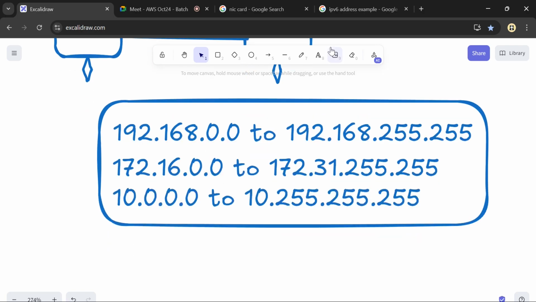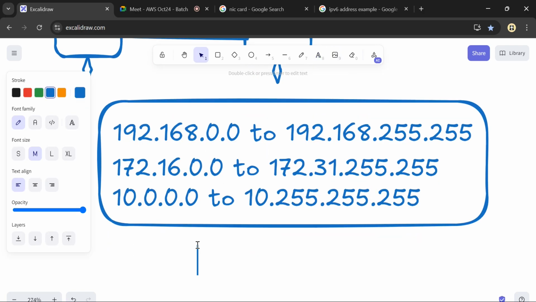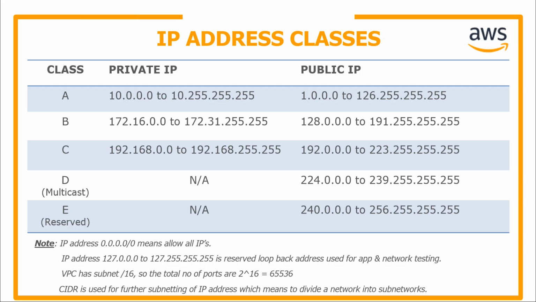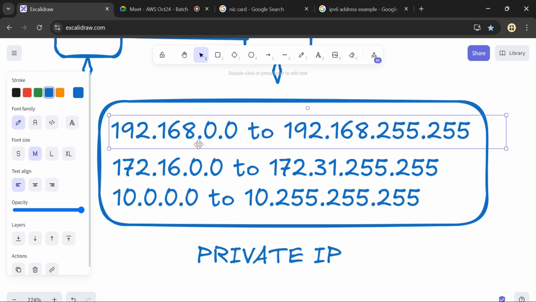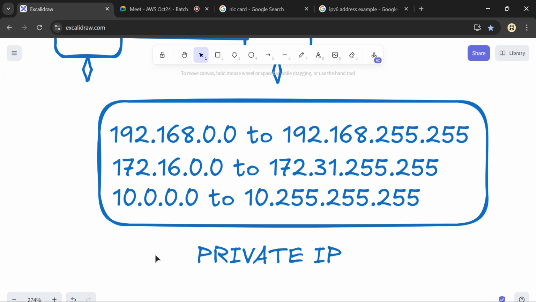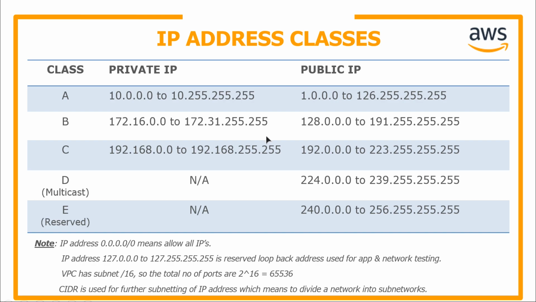So you just remember these ranges: 10.x, 172.16 to 172.31, and 192.168. Anything outside this is a public IP. That is what I have shown in the table.